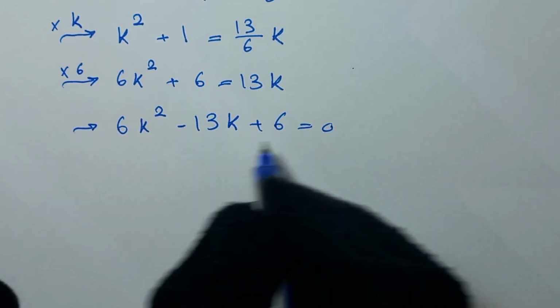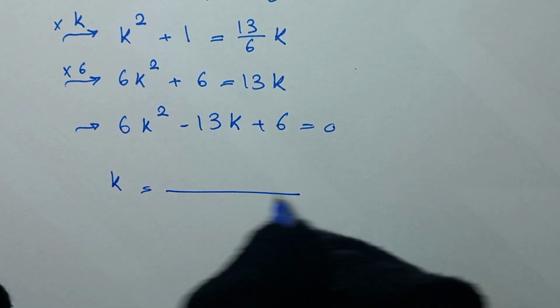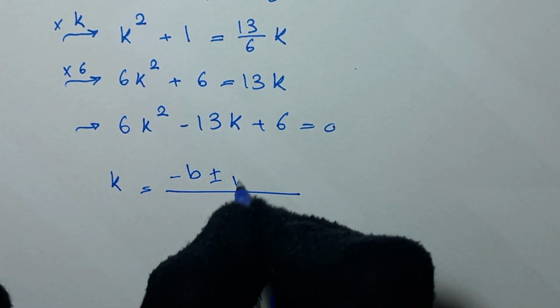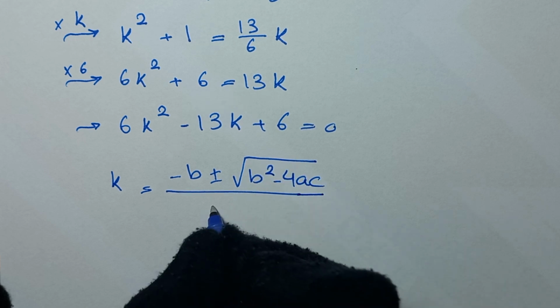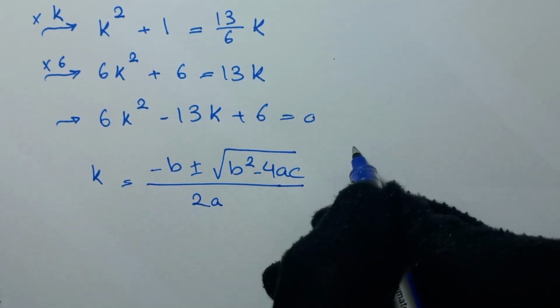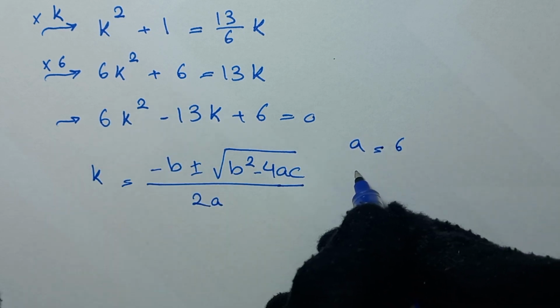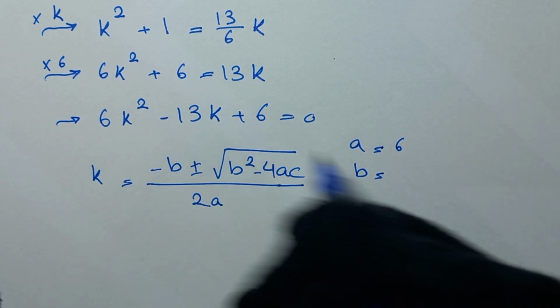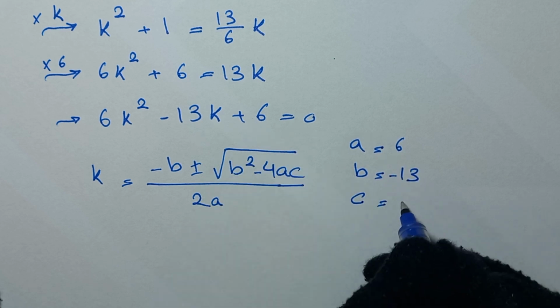So we have a quadratic equation, and we use the quadratic formula, which is k is equal to negative b plus or minus square root of b squared minus 4ac over 2a, where a, the coefficient of k squared, is 6, b, the coefficient of k, is negative 13, and c, the constant, is 6.